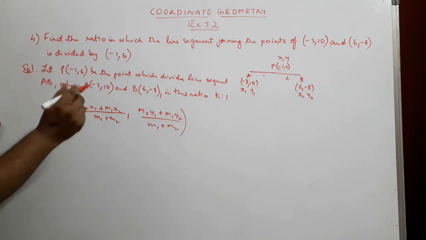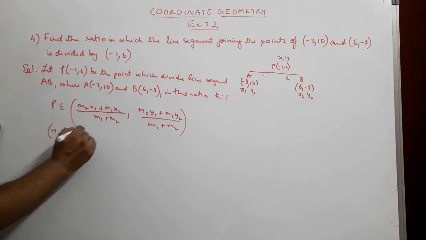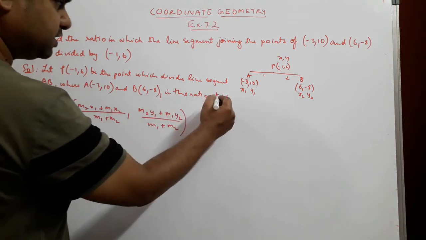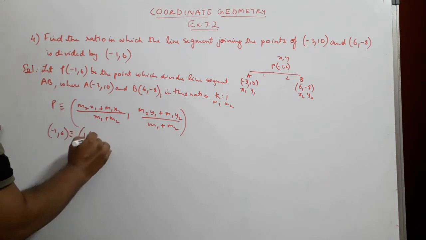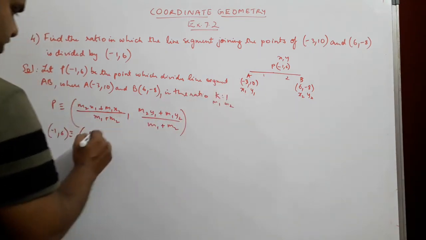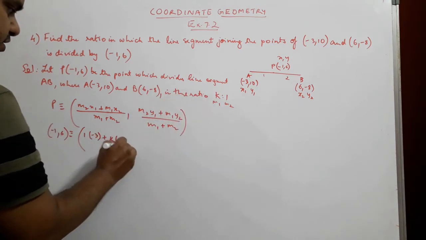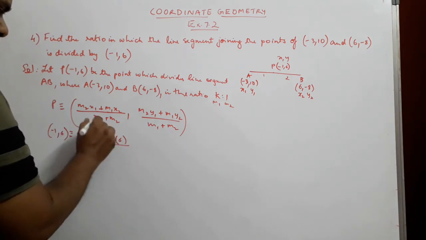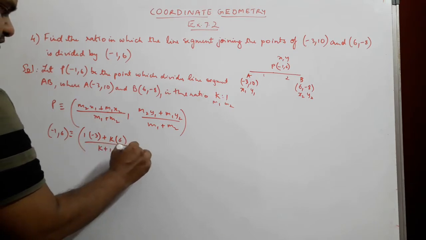So we'll write them. That is (-1, 6) corresponds to what? Since we just said this k is to 1, this will be m1 and this will be m2. So m2 is 1 into x1, which is -3, plus m1, which is k, into x2, which is 6, and m1 plus m2 will be k plus 1.